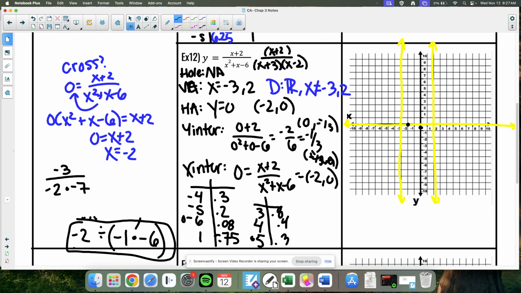What did you get? For -6? I don't think it should be negative because we can't cross this again. What's the number for 3? 0.8. Okay. Alright, graphing these ones.